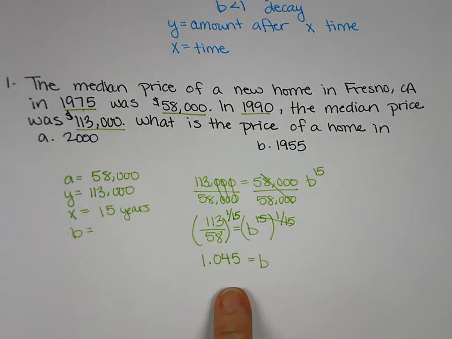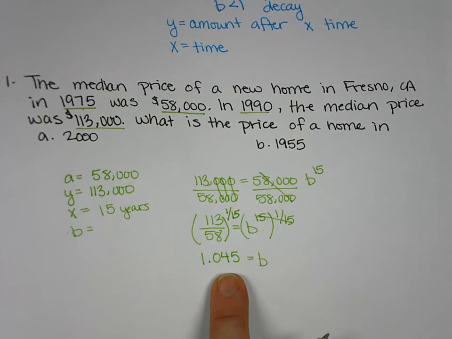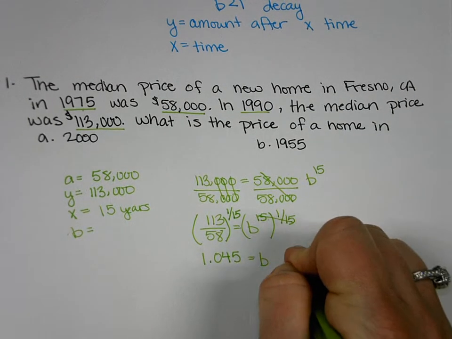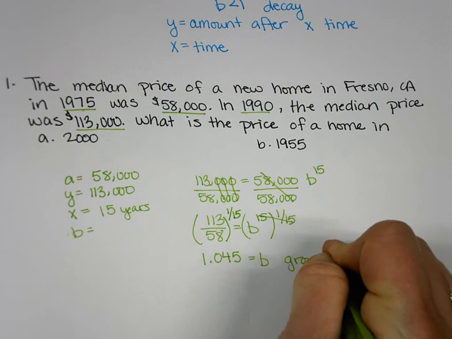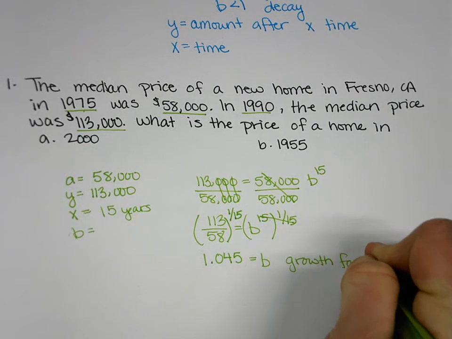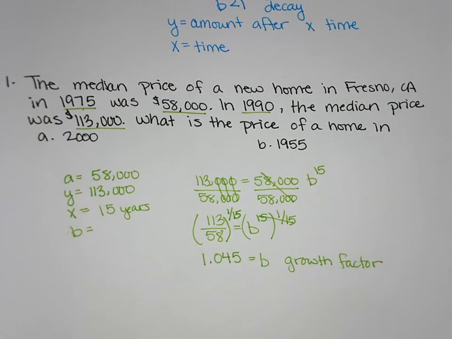So when we look at this number here, this is the growth factor that we can now use to help us actually answer the question about what's the price in 2000 and 1955.